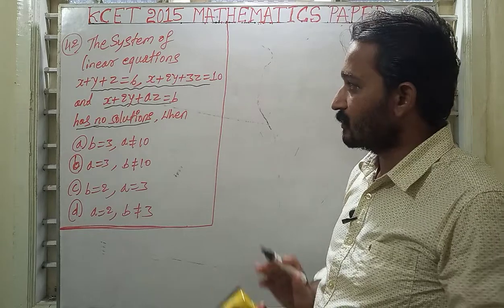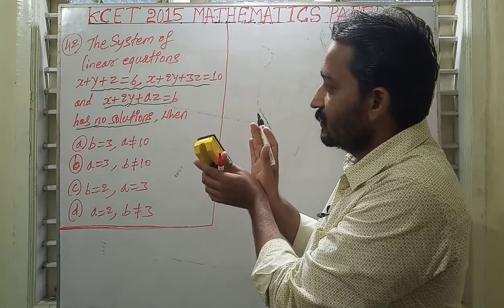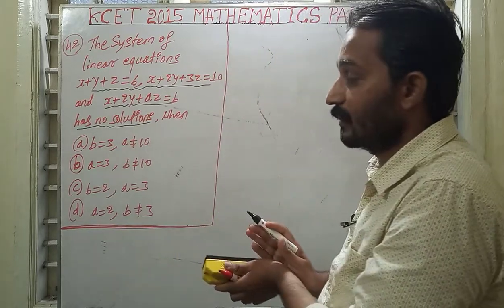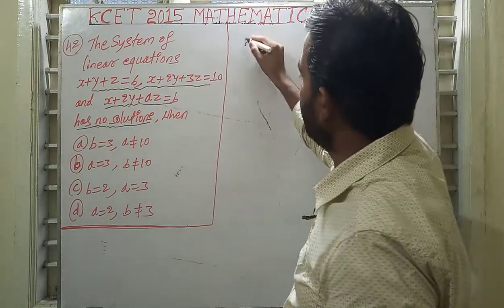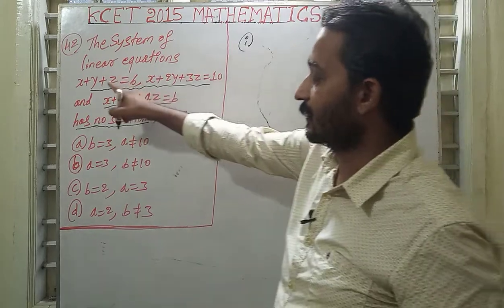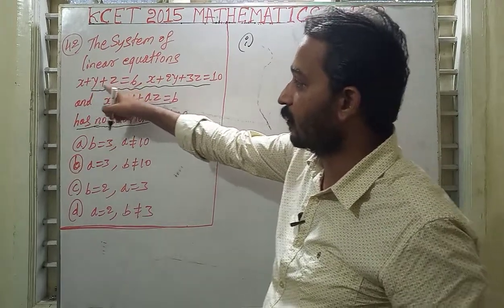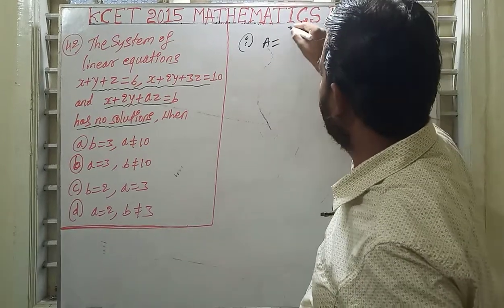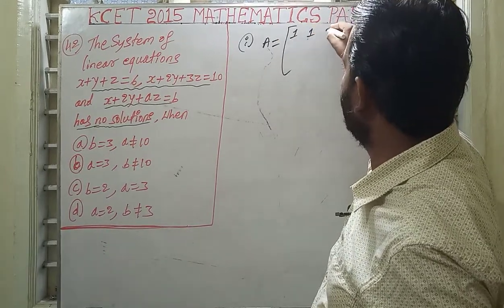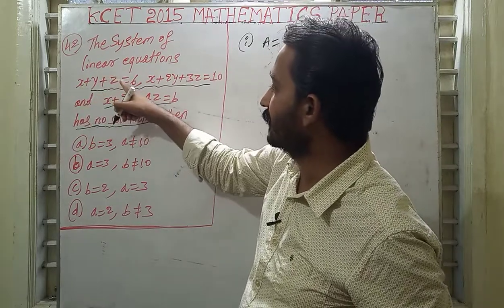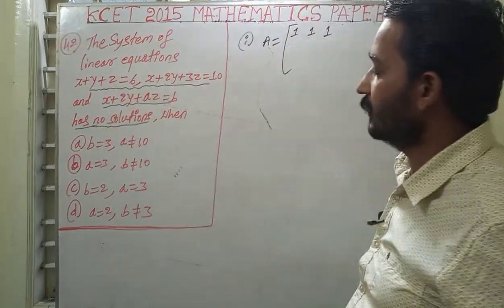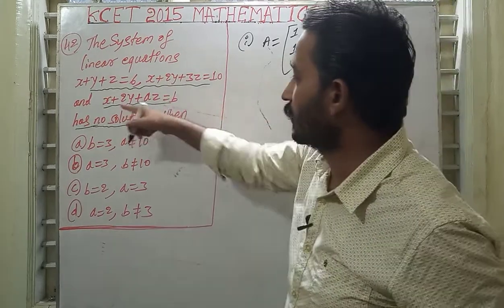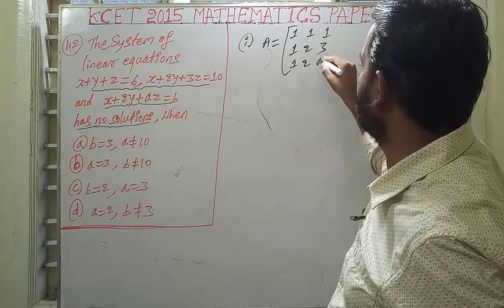So the system of linear equations has no solution. This is the given data. First we take the coefficient matrix. Let us take the matrix A: 1 1 1, the coefficients of the first linear equation, then 1 2 3, then 1 2 a.